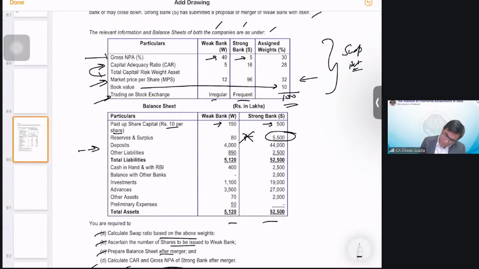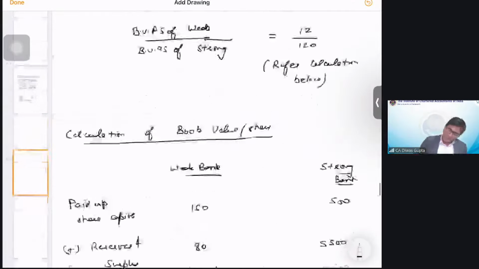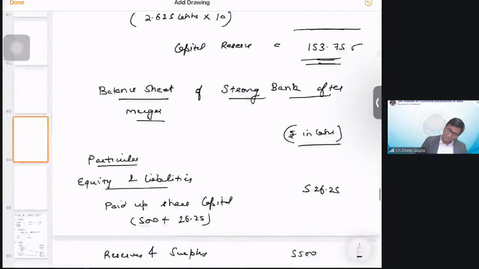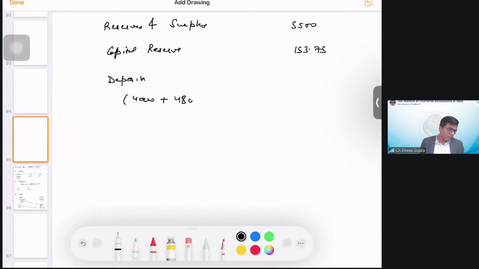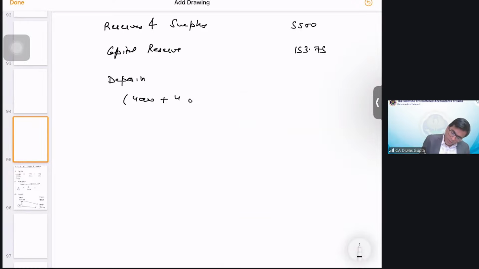So 4,000 plus 44,000, in totality 48,000. Then there are other liabilities.